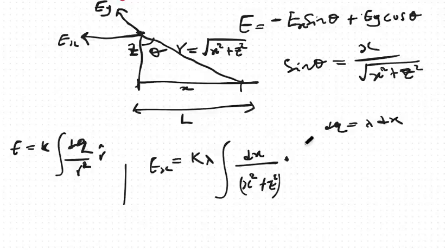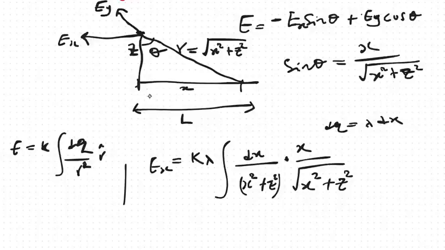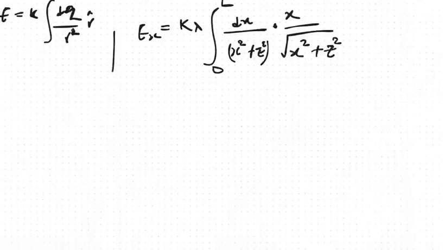So x divided by the square root of x squared plus z squared. And the limit of integration will be from 0 to L. Let's simplify and integrate.